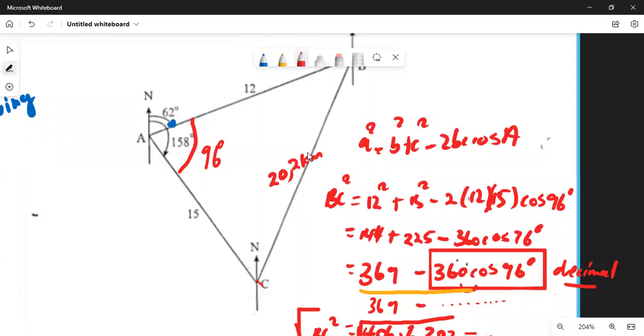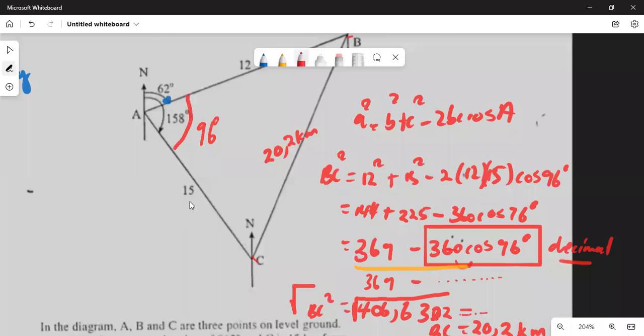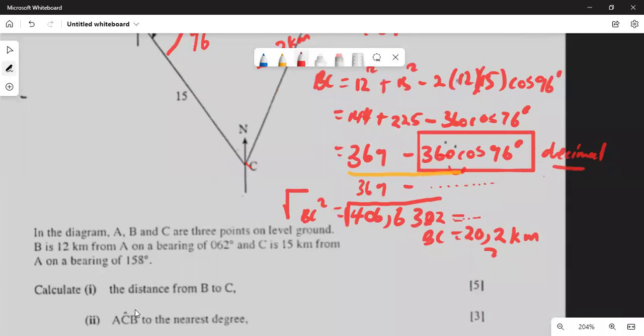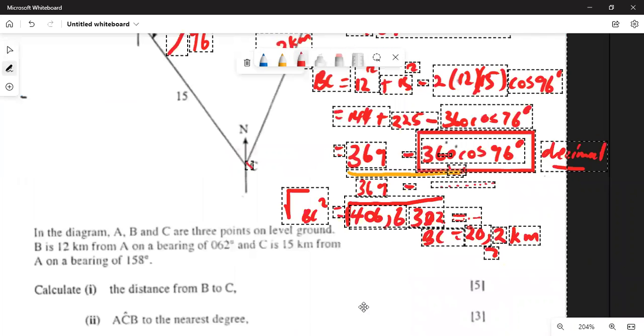It's not to say that if you use this value as it is, you're going to be marked wrong. No, no. But always try to use the values as they were from your calculator, the exact values. You have to try to do that. All right.